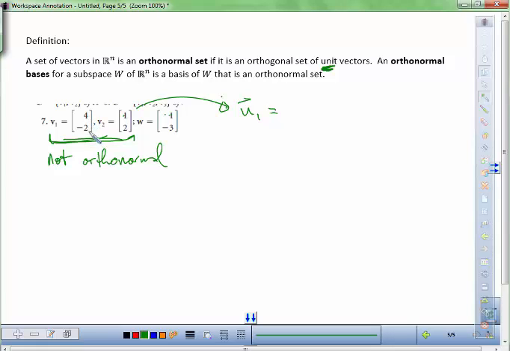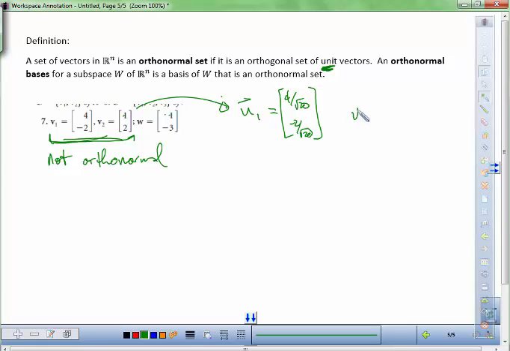This is 16 plus 4, which is 20. Square root of 20. So 4 over root 20, negative 2 over root 20. That's my first vector.